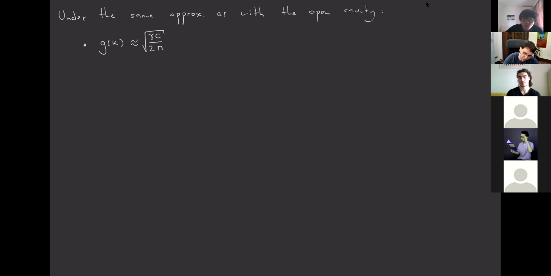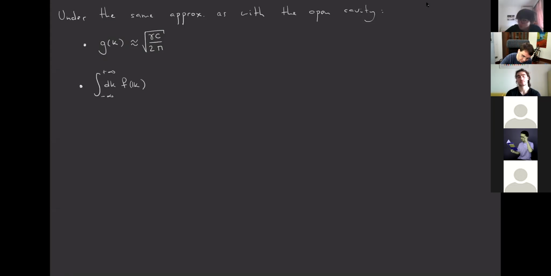Then the second approximation that we did is that when the interaction is very small, we can extend the frequency integrals from 0 to infinity to minus infinity to infinity. Let me show you how this appears here. In this case, we will always have integrals in wave vectors, so things of this type. We will be integrating some function of the wave vector k between minus infinity and plus infinity.